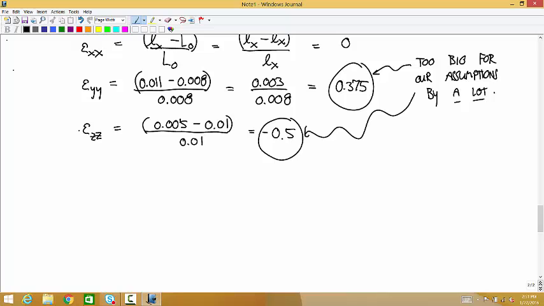So things go all haywire when the angles change. That's one of the reasons superposition doesn't apply anymore.